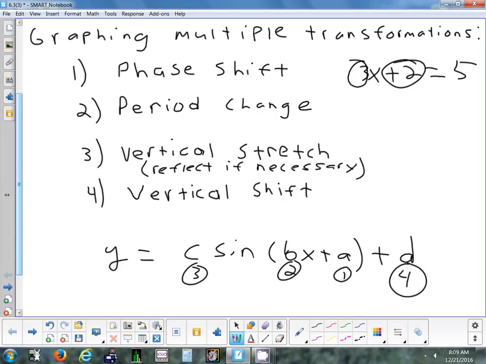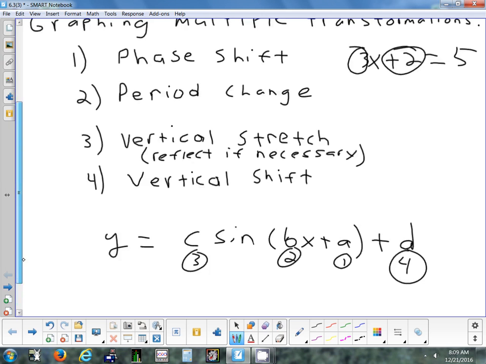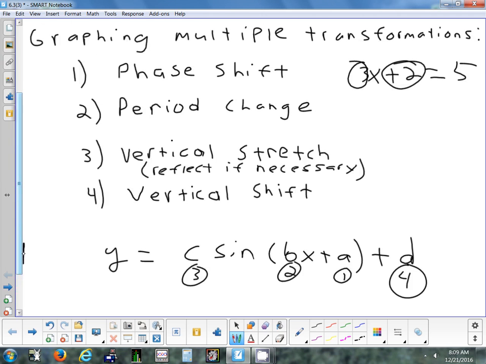And it does not matter if you do the stretch and then reflect, or reflect and then do the stretch. It makes no difference. Any questions on the order you have to do the transformations in, or the numbers in the problem that identify what the transformations are? I tried to match them up.